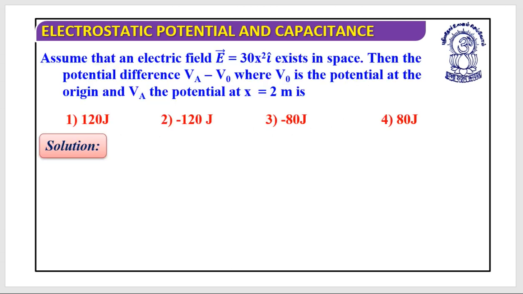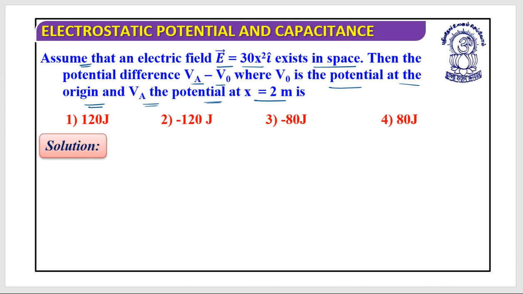What the data says is: assume that an electric field E equals 30x square i cap exists in space. Then the potential difference VA minus V naught, where V naught is the potential at the origin and VA is the potential at x equals 2 meter, is?